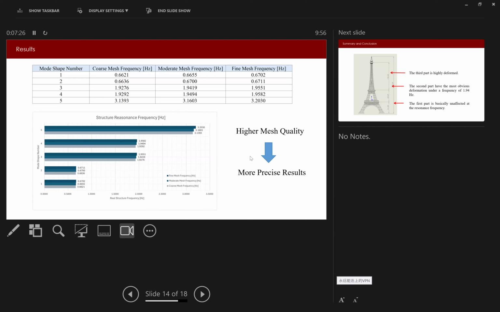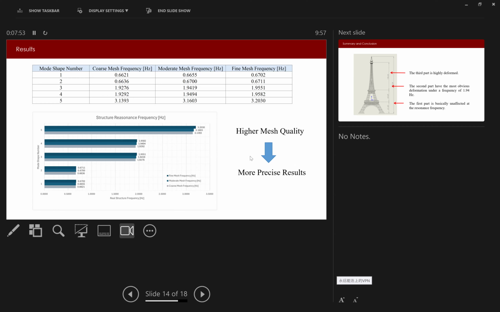We can see at mode numbers 1 and 2, the results are pretty much the same, regardless of the mesh quality. But as the mode number increases, there is a slightly increasing trend of the frequency as the model has a better mesh quality.